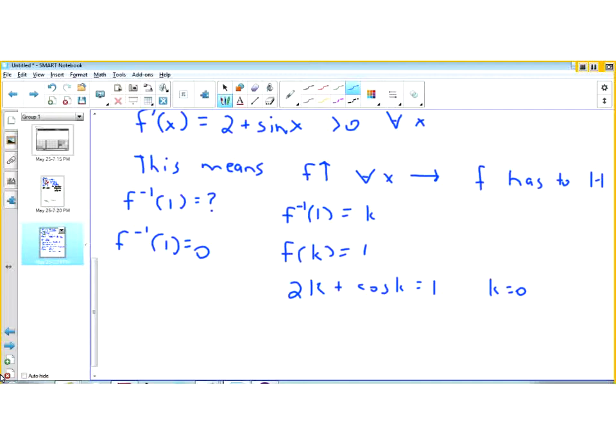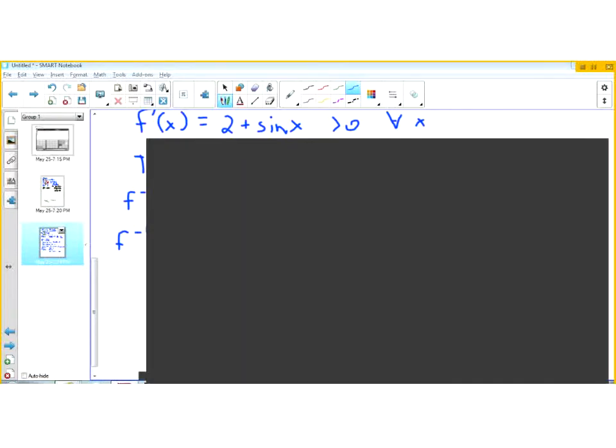Okay. So I want to do a word problem. Let me pull it from the book. This would be question number 80 on page 217 of the text. I have the drawing here.